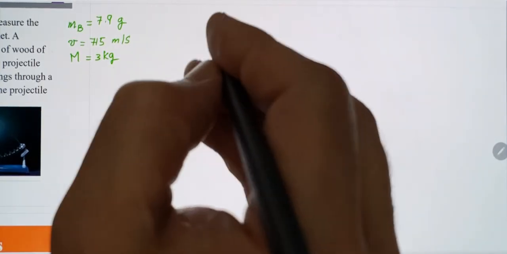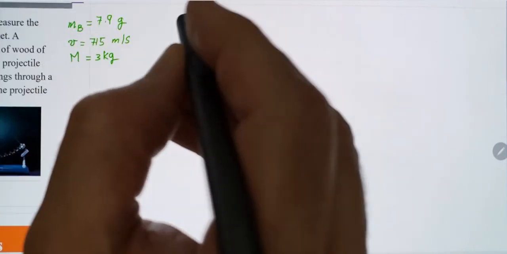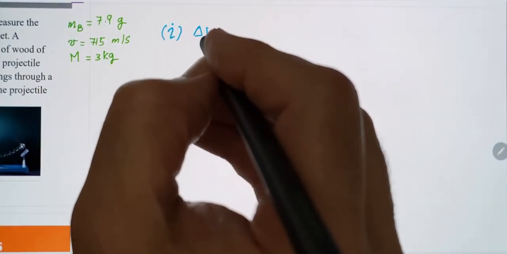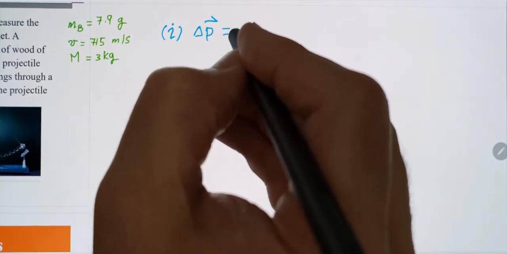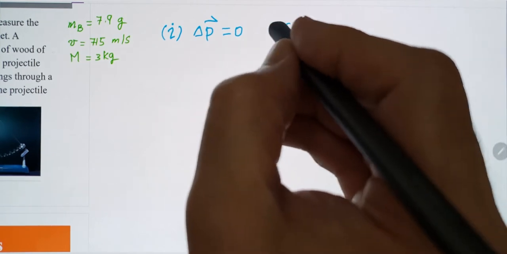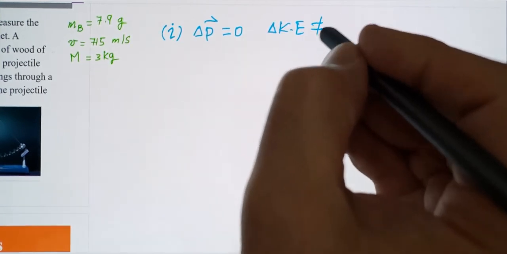So let me use colors. First part: momentum is conserved. Kinetic energy is not conserved.